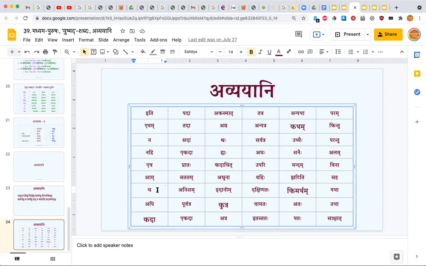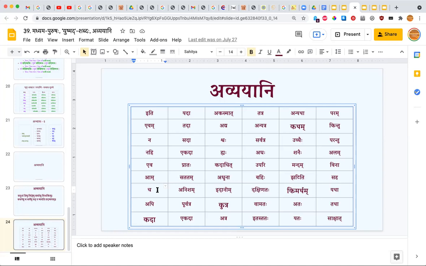Ramah, balakah, balika cha pathatah. Ramah Lakshmanah cha vanam gachatah.